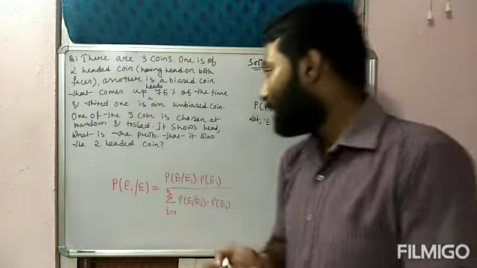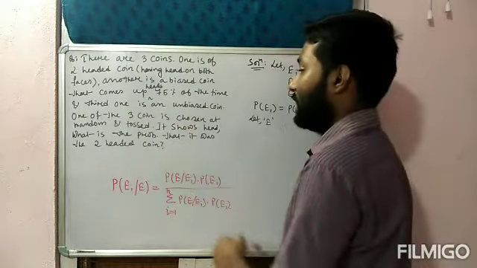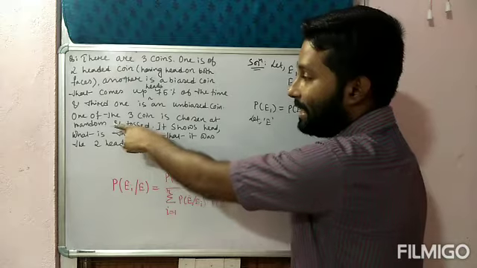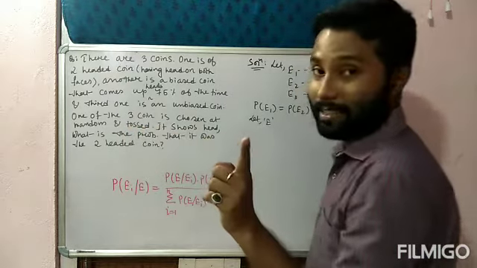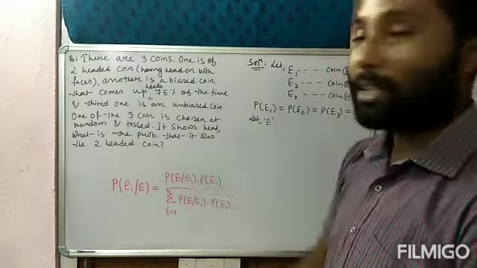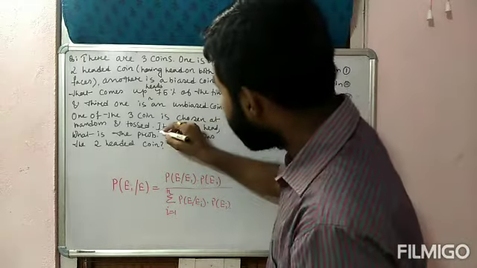वो क्या है? Read the last part of this question. After selecting the coin, you have to toss that coin and it shows head. What is the probability that it was a two-headed coin? It shows a head.